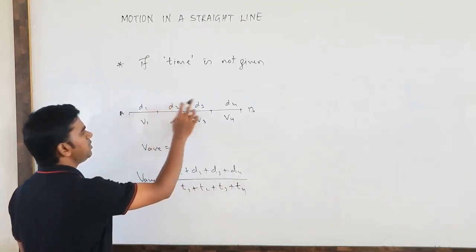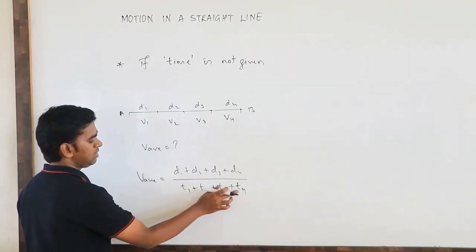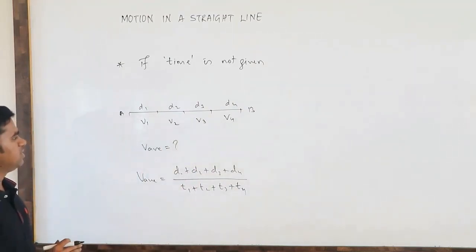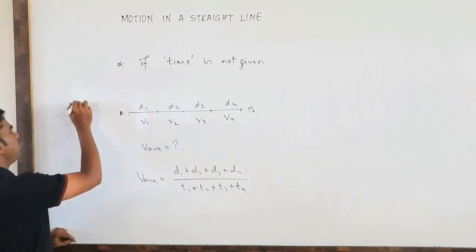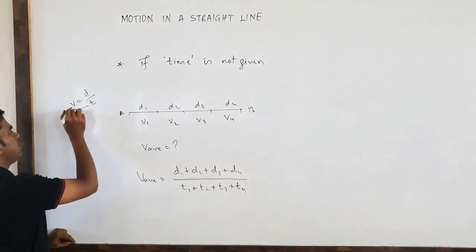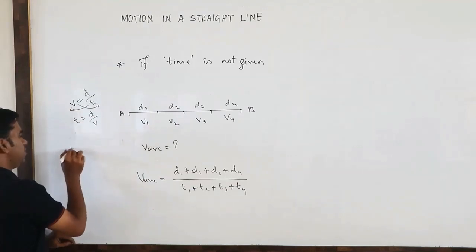So d1, d2, d3, d4 are there. But what about t1, t2, t3, t4? They are not given. Instead of that, they have given v1, v2, v3, v4. Again we know that v equals d by t. If you want time, take t here, so v will come here, so d divided by v. So time we can write as d by v.